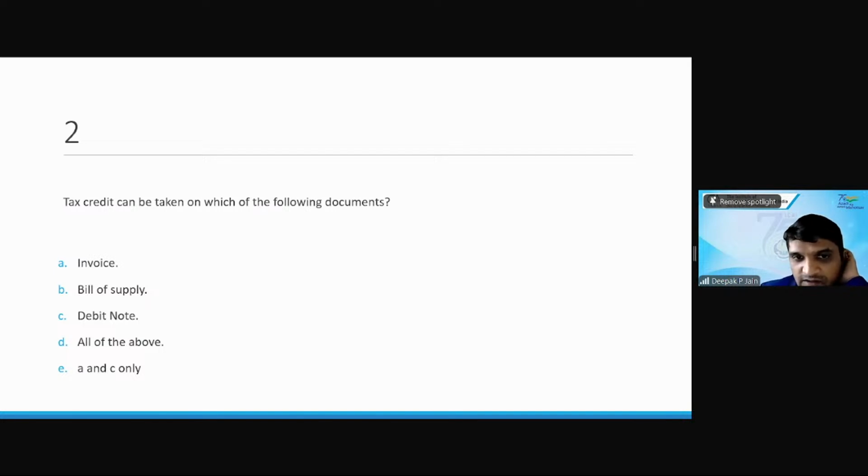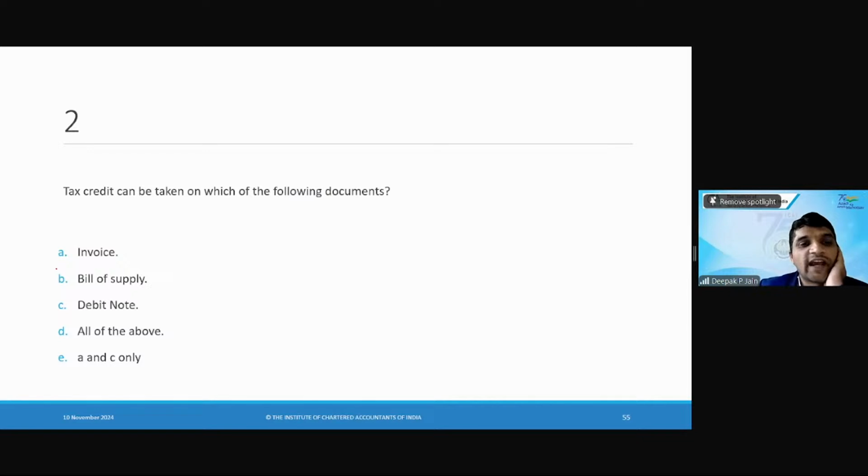Okay, first everyone is saying C. Now, if you are saying B, okay, again a split verdict here. People are again confused. Tax credit can be taken on which of the following documents? Can it be taken on the basis of invoice? Yes, definitely invoice. Can it be taken on the basis of bill of supply?